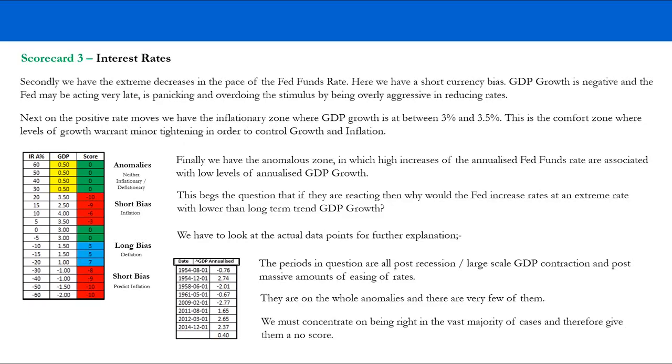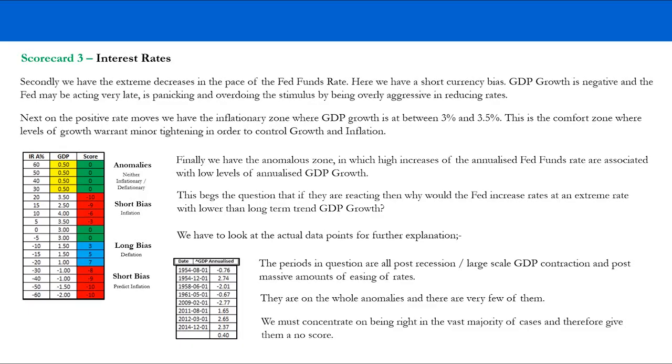Now, this begs the question that if they are reacting, then why would the Fed increase rates at an extreme rate when they are seeing lower than long-term trend in GDP growth rates? Well, we have to actually look at the actual data points for further explanation.